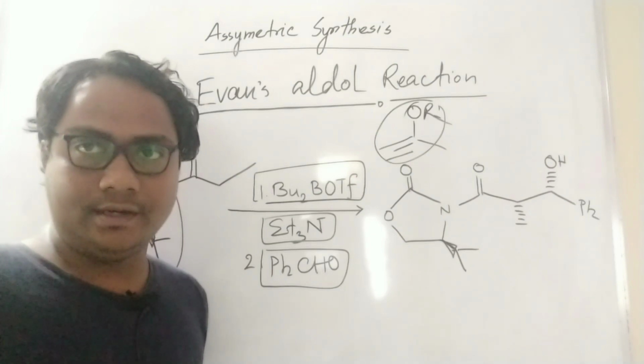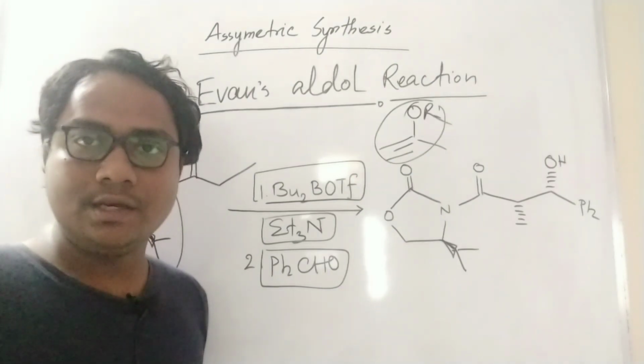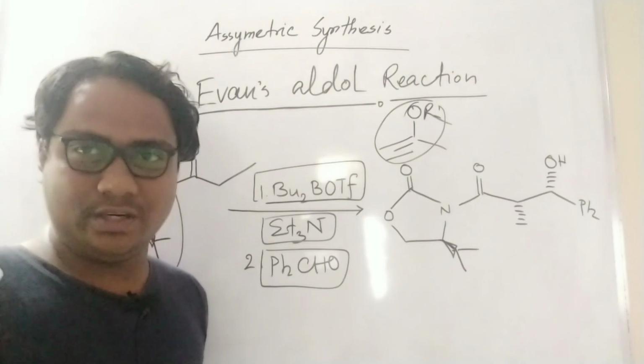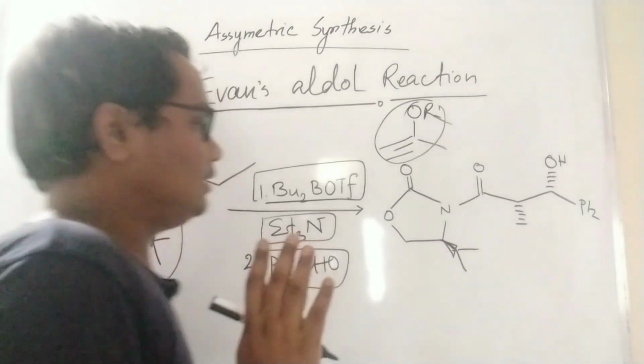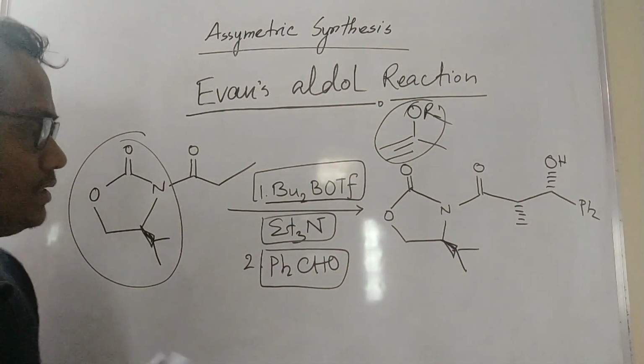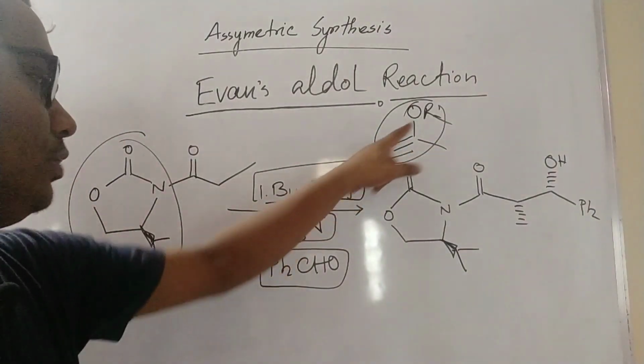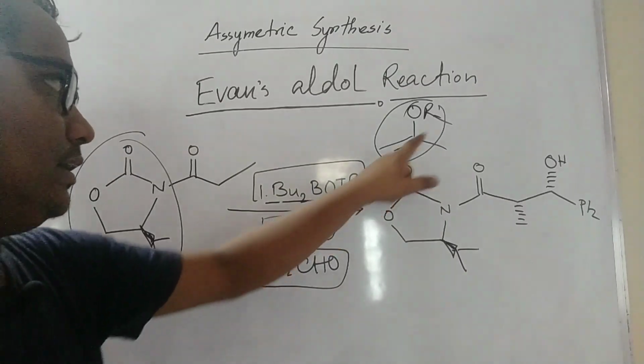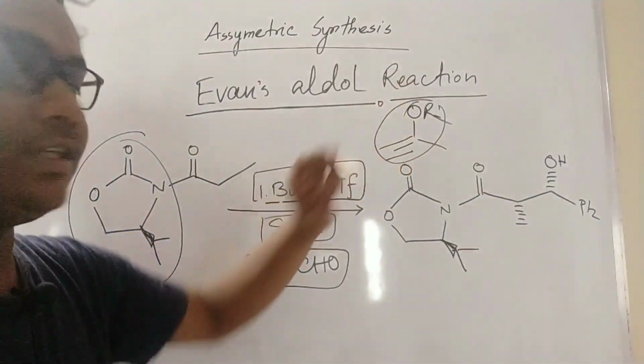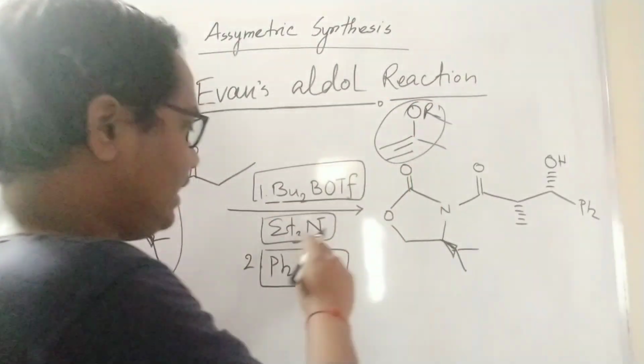I will discuss enolate chemistry in some later videos, but for this reaction you have to know a little about it. Here it is adjacent to the group R, and it will form an ester with the oxygen group. Okay, and this is the base.